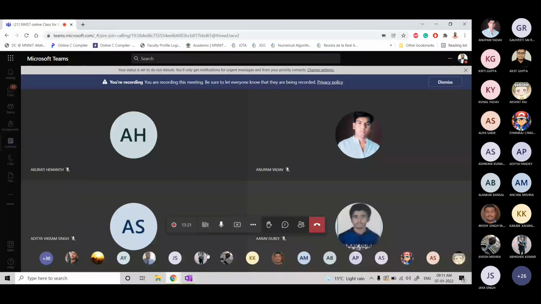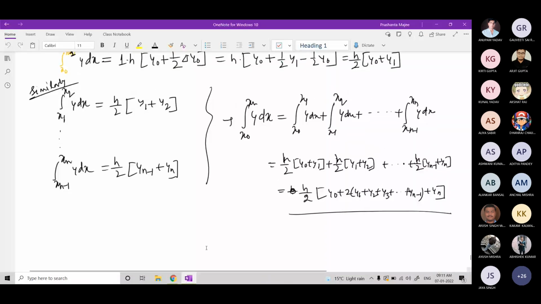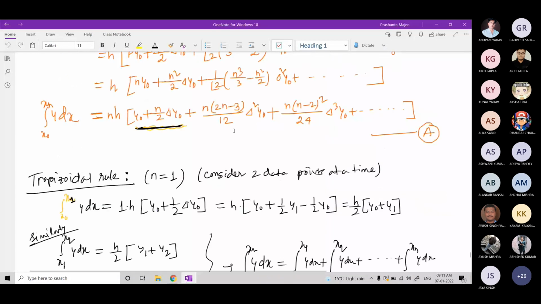So you see, we derived the trapezoidal rule from A, is it not? By taking n equals 1. If you consider n equals 1, there are 2 data points, x0, y0 and x1, y1. The polynomial passing through those 2 points will be a linear polynomial, and that is given by this highlighted part.